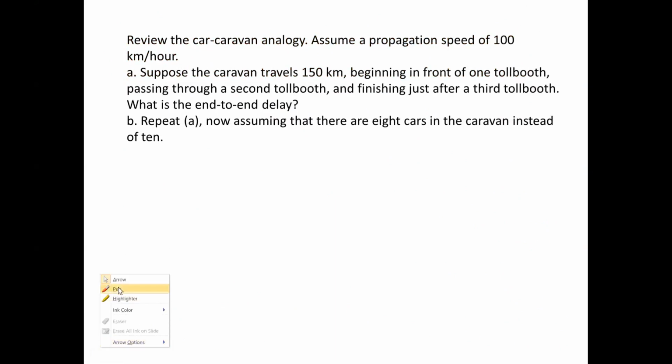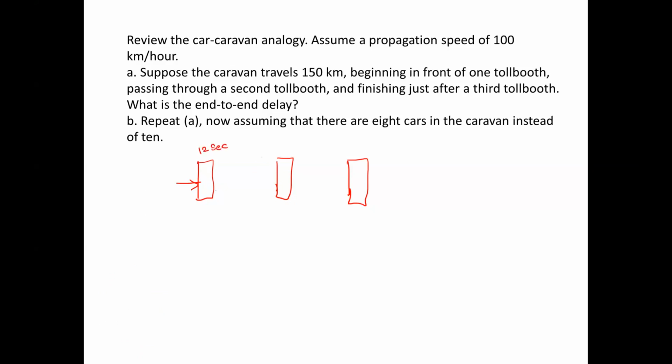Now we have 3 toll booths. The problem is slightly changed with the distance. The rest is all the same. They start at the first toll booth, with the same 12 seconds for the processing. All the cars have to cross all the 3 toll booths and the distance is changed. Now calculate and tell me.